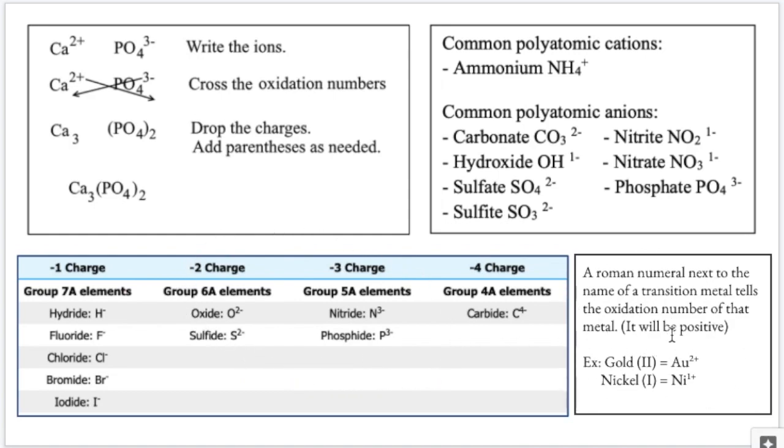As a note as well, if there's a Roman numeral next to the name of a transition metal, that's telling us the oxidation number of that metal, and it will be a positive one. So if we have gold 2, it means that our ion is going to be Au 2 plus, or plus 2. And nickel 1 would mean that we would have Ni plus 1. I could have just put a plus there.